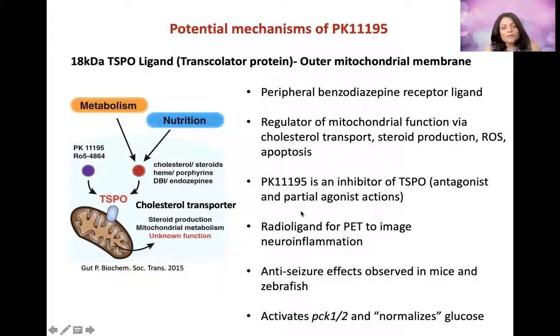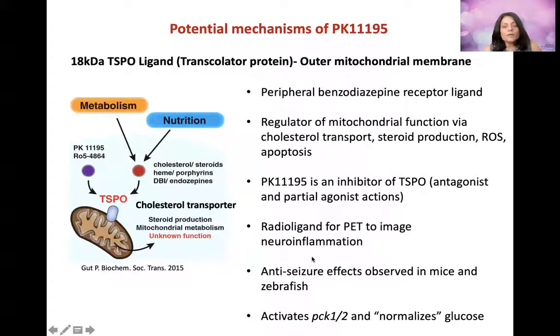Most commonly, PK11195 has been used as a radioligand for PET imaging to look at neuroinflammation, which is a really interesting area. The way it works is that it is an antagonist and a partial agonist of this ligand.